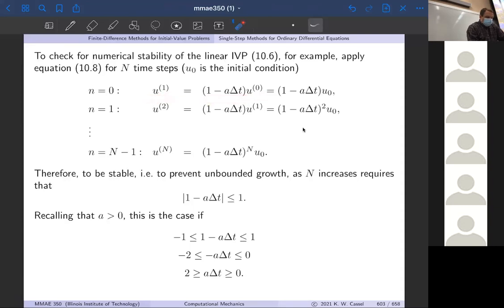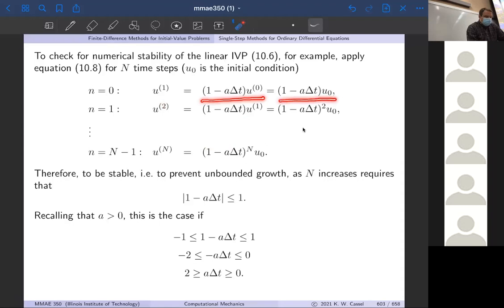Then we do the same thing. We take that value of u with n equals 1, multiplied by the 1 minus a delta t to get u for n equal to 2. And then that comes over, and we keep repeating this over and over again. But notice what happens. Here we have 1 minus a delta t times the initial condition.